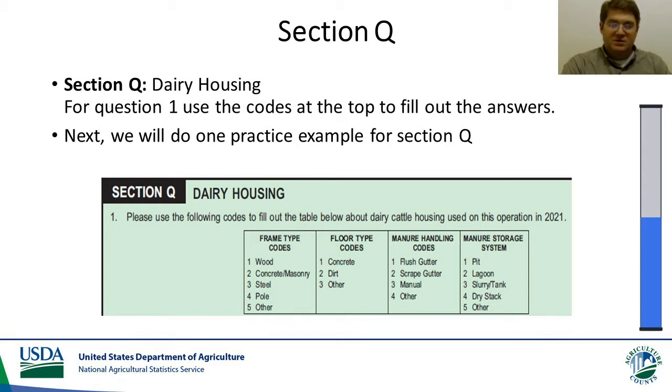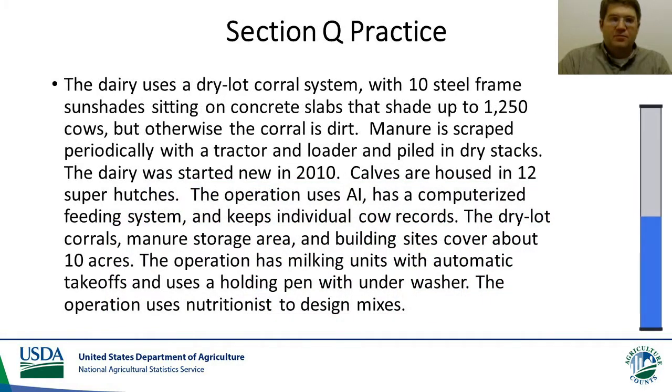Next, we will do a practice question for Section Q. The operator informed us that their dairy, which started new in 2010, uses a dry lot corral sunshade system. They use 10 roughly equal sized facilities that are steel frame sunshades sitting on concrete slabs that shade up to 1,250 cows, but otherwise the corral is dirt.